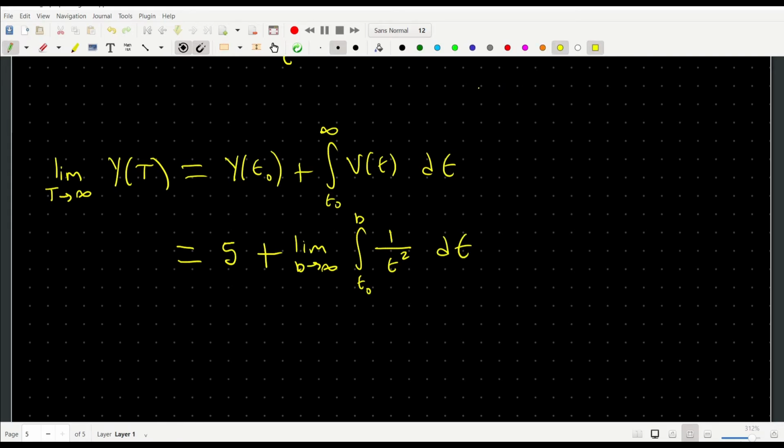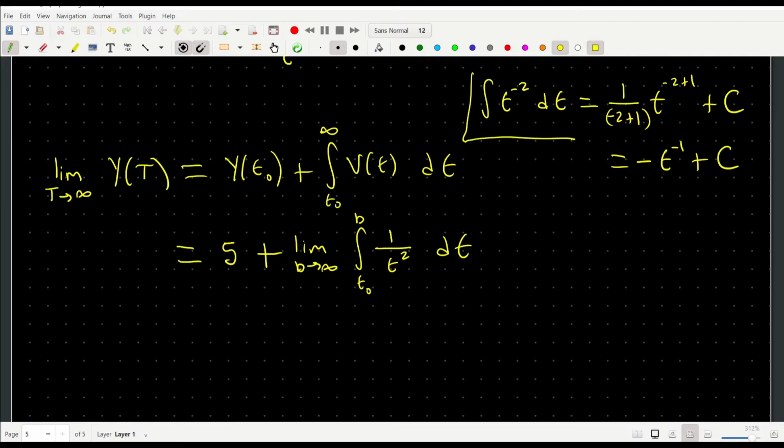And you'll do well to remember that 1 over t squared is the same thing as t to the negative 2. The antiderivative of t to the negative 2 is kind of a reverse power rule. So it's 1 over negative 2 plus 1 times t to the negative 2 plus 1 plus some constant of integration, or negative t to the negative 1. So this is the indefinite integral. You'll remember that from a Calculus 2 course.